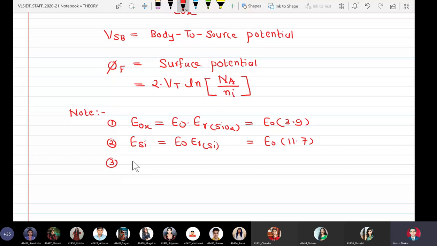Similarly, third constant is intrinsic doping concentration, given as 1.45 into 10 raised to 10 atoms per cc.